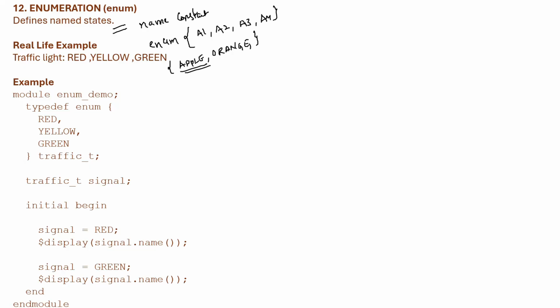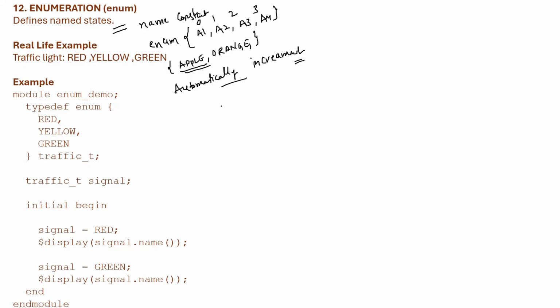This is the name. For these, default values are stored like 0, 1, 2, 3. In this way, the default values will be stored because it is automatically incrementing the value. Whatever the previous value you have, that will be automatically incremented.